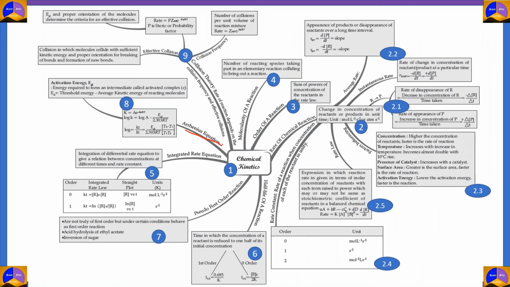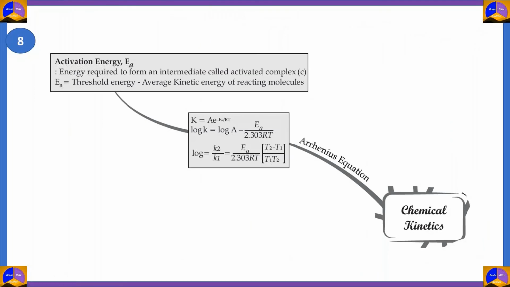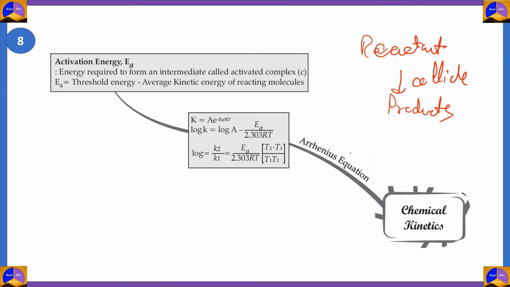Now let's look at one of the most important parts of this chapter, the Arrhenius equation. When particles of the reactant collide to form products, we use the Arrhenius equation to calculate the rate of the reaction.